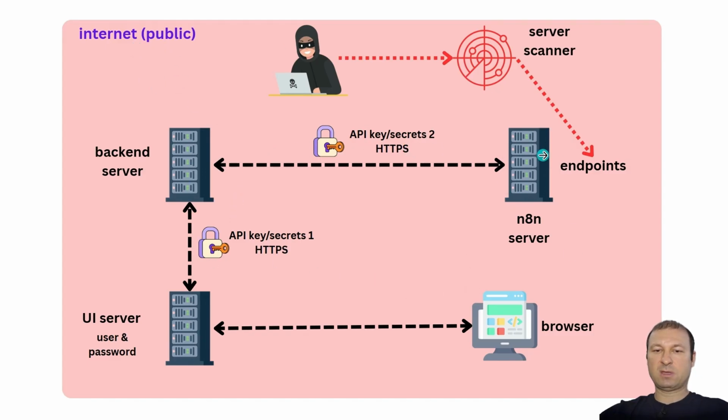So everything is accessible, but this time around, the former route that I explained previously is not available anymore, because from the browser route he can only access these backend APIs. And of course, the communication between all the servers must be encrypted with HTTPS and authenticated properly with API keys or API secrets.